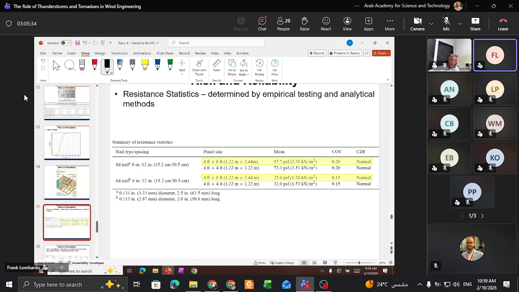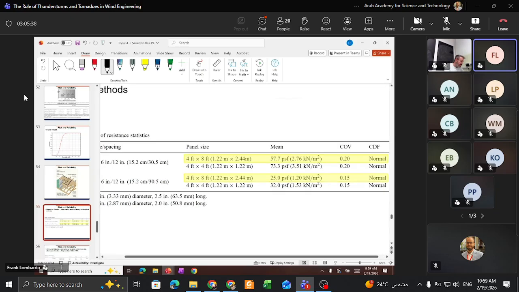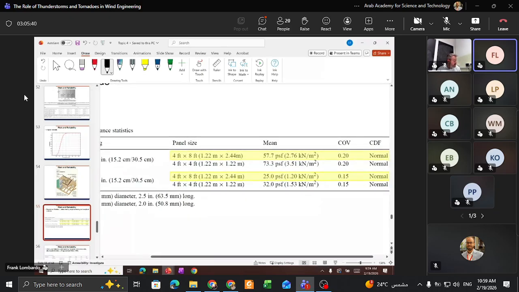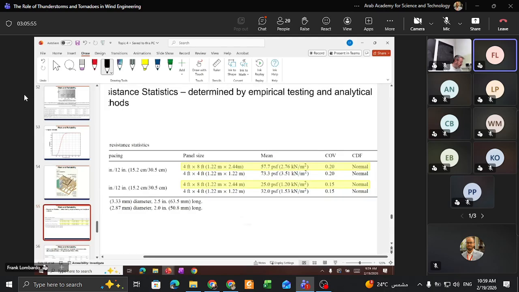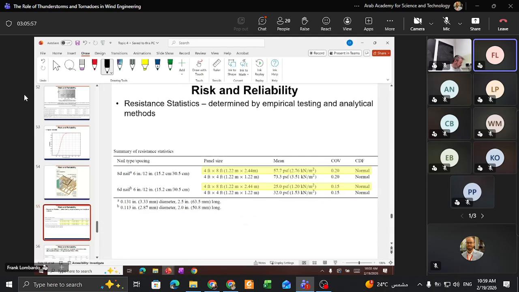For example, an 8D nail, 6/12 spacing, has a mean resistance of 57.7 PSF or 2.76 kilonewtons per meter squared, and it has some coefficient of variation associated with it. Also, it tells you what the distribution is in these tables. This is from Lee and Rosowski 2002, I believe, which they did for hurricane, but we're going to transform some of these into tornado fragilities as well.